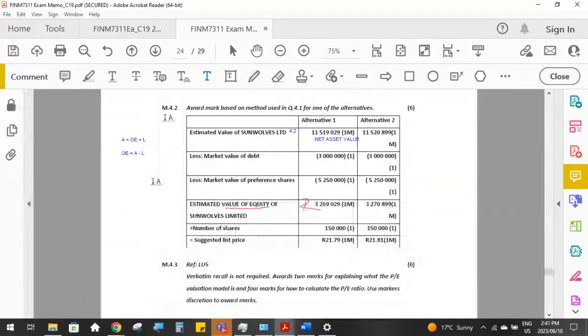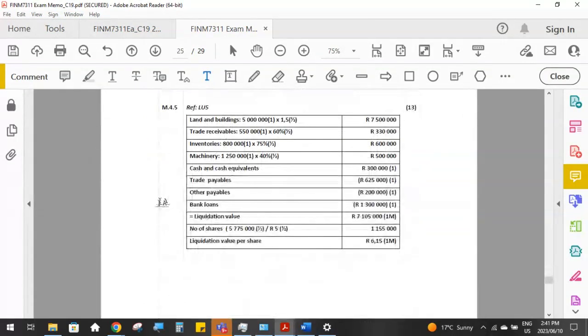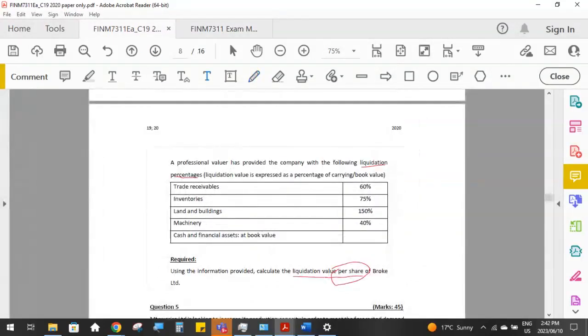So we can then go and apply that over here. Have a look at the calculations. The percentage that they gave us for land and buildings was 150%.